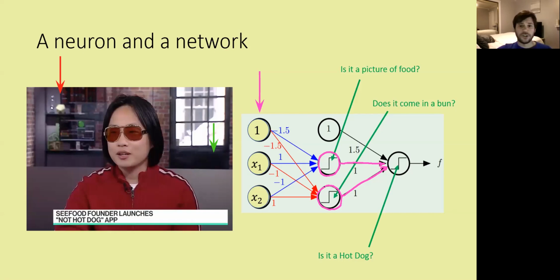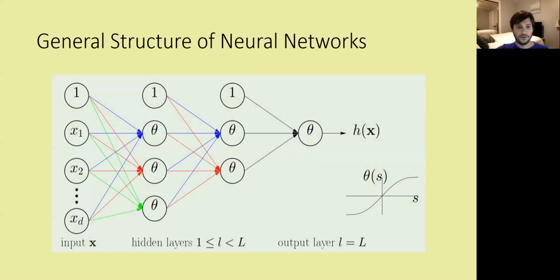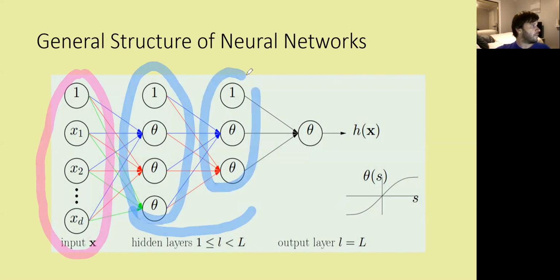So the general structure of a neural network. Okay, we have this input layer where we are feeding in our data. Here is our input layer. Okay, but we also have hidden layers. Okay, and these hidden layers involve using outputs from the previous layer as inputs in the following layer.